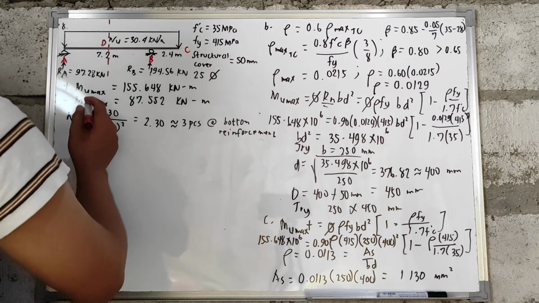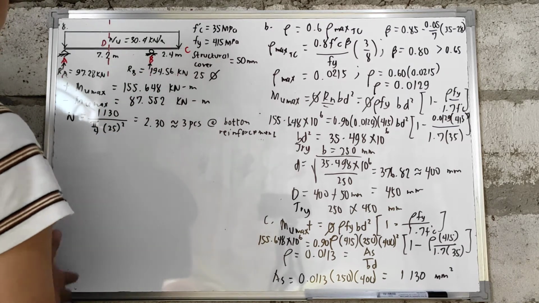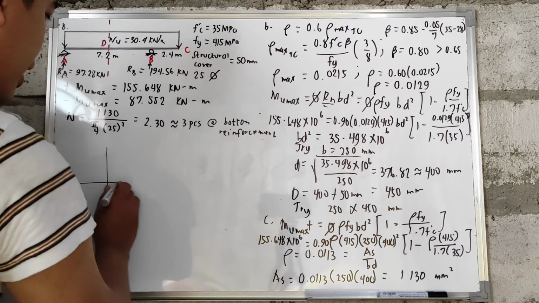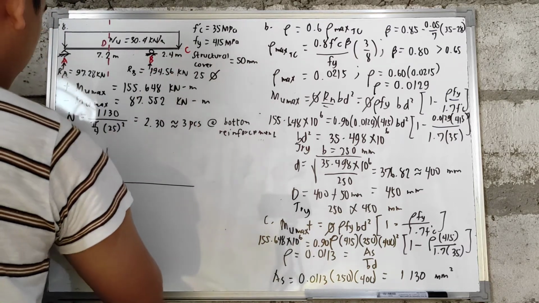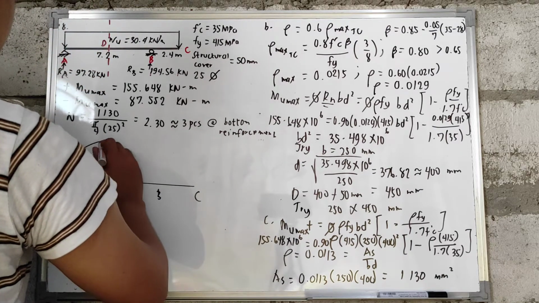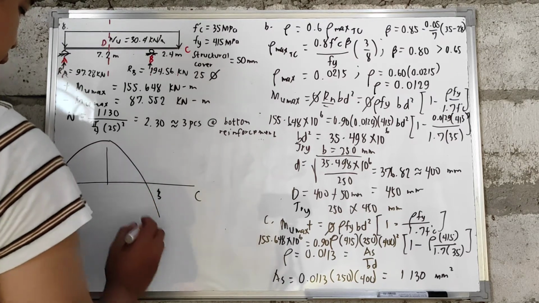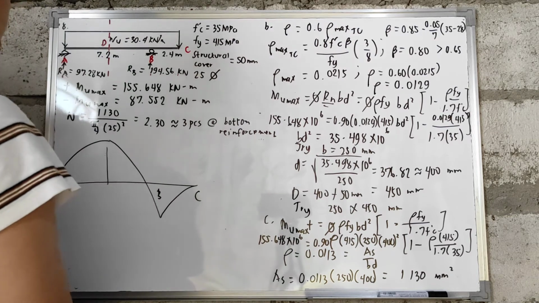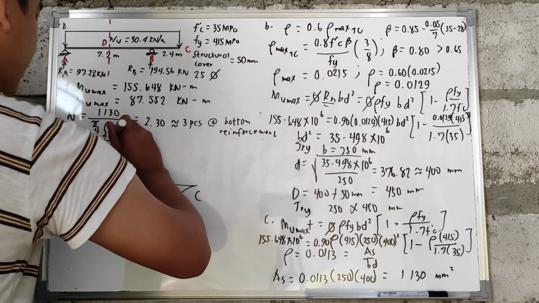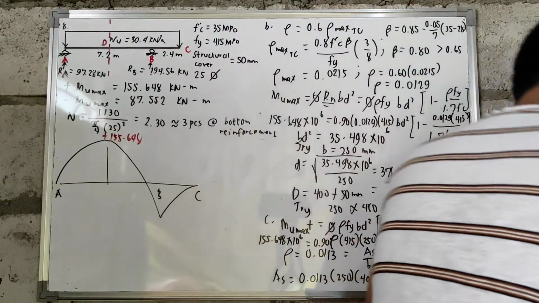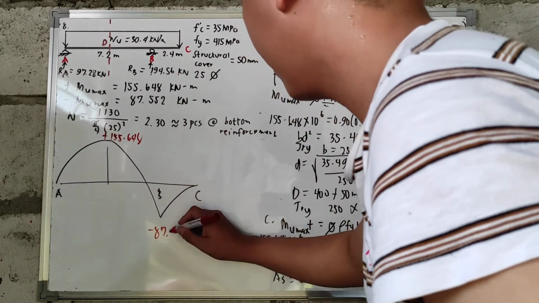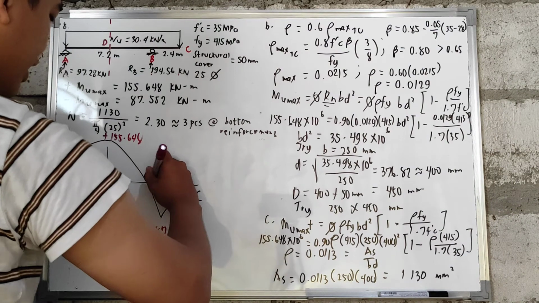So let's draw our moment diagram again. Here is A, here is B, and here is C. If you draw that, we have a positive moment, and then a negative moment here, and then it closes there. So the tendency here is we have a positive 155.648, and on the other side we have a value of negative 87.552. So this is our point of inflection.